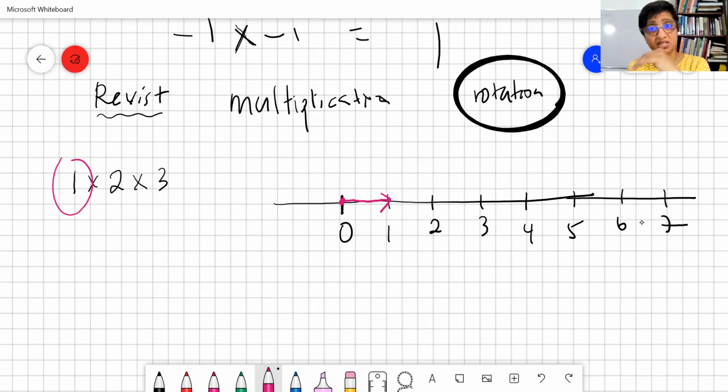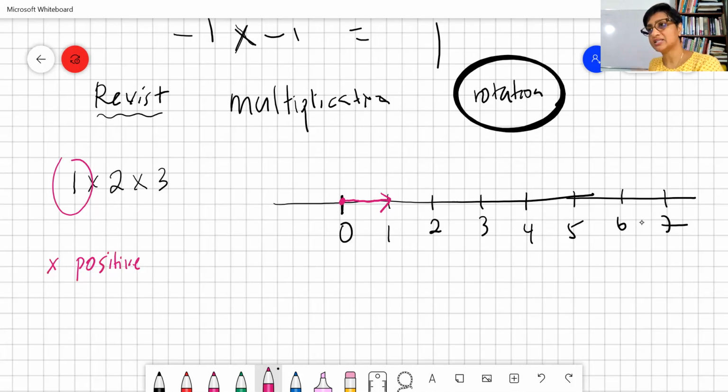Now remember, so far we have positive numbers and negative numbers. 2 times 3 means they're both positive. If you're multiplying by a positive number, so you start with 1, it doesn't change your direction.